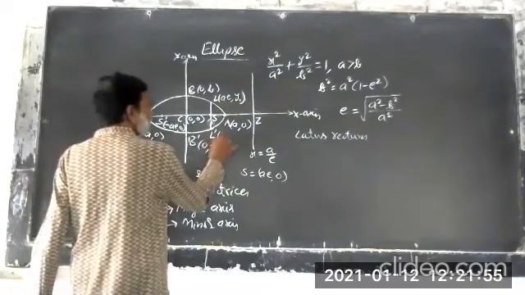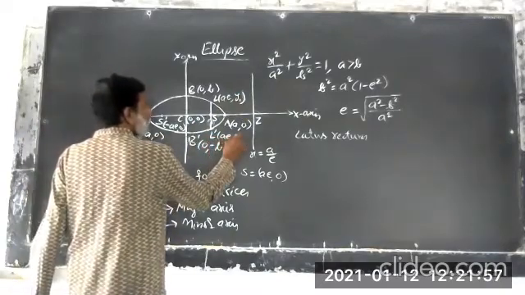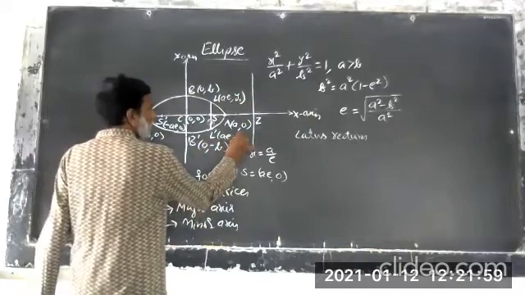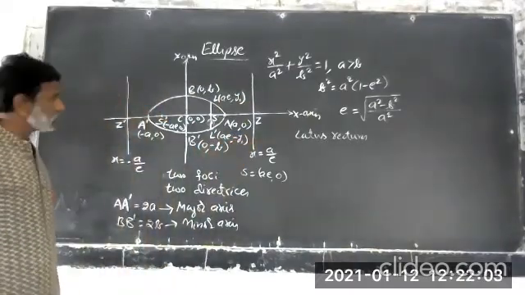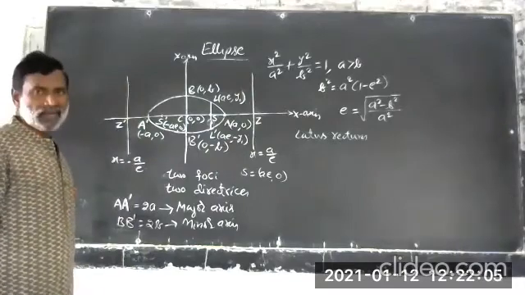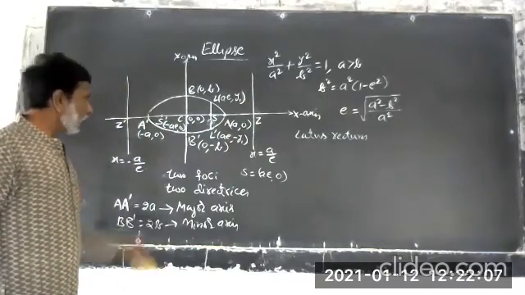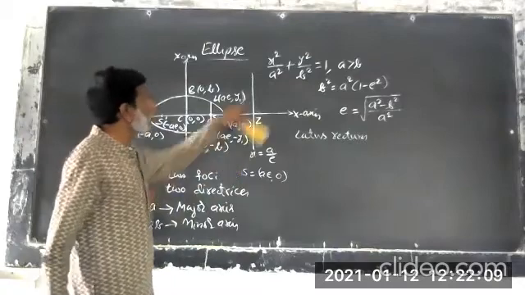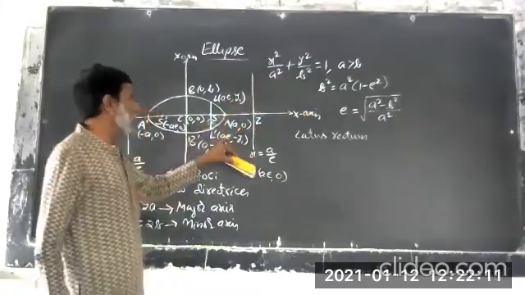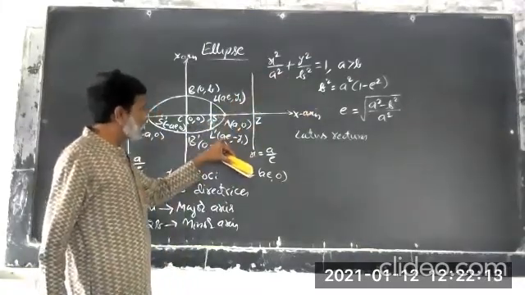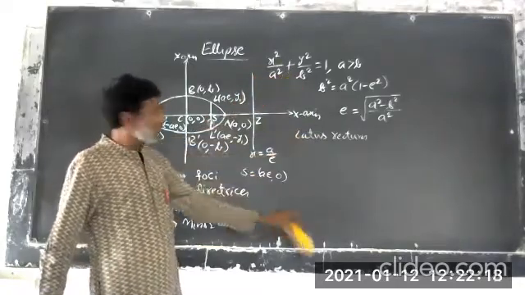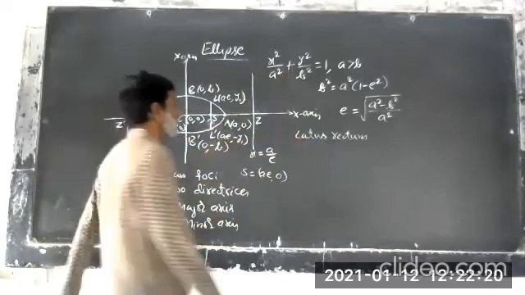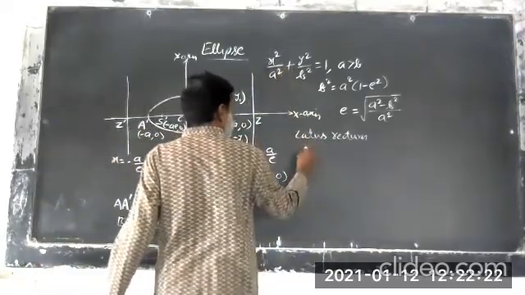Similarly, L dash is in the fourth quadrant, symmetric about the x-axis, so it has to be minus y1. Now the x coordinate is known as AE. Substitute x equal to AE in the equation of the ellipse and simplify to get the y values.